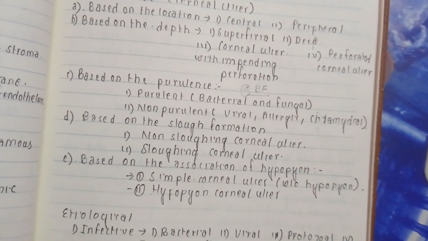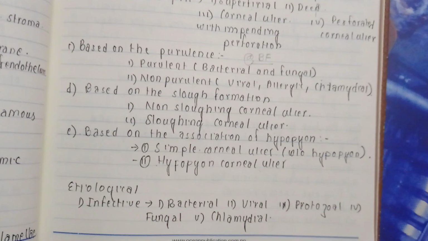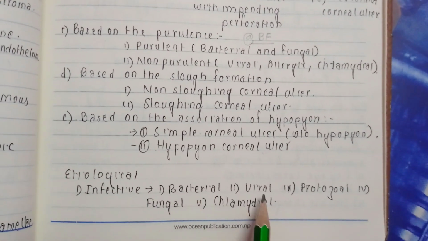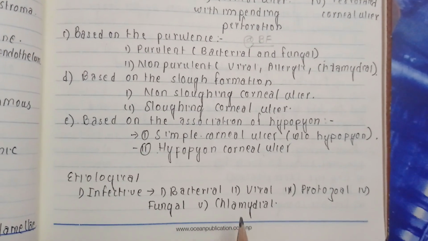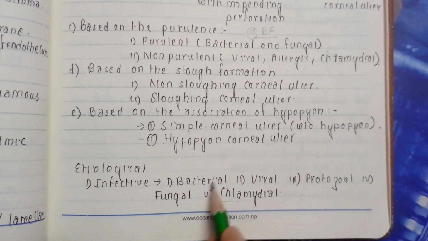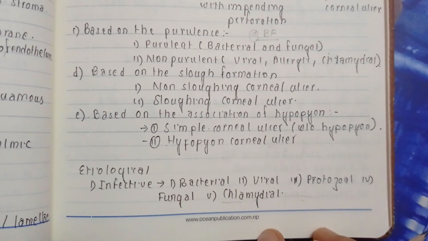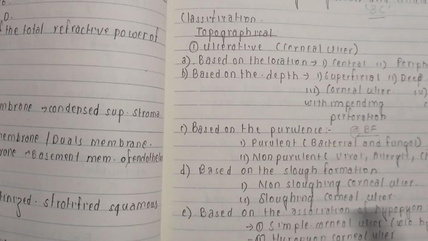Then on the etiological basis, the first is infective, in which we have bacterial, viral, protozoal, fungal, and chlamydial. As chlamydia is an atypical bacteria, it is kept separate from the other bacterial corneal ulcers.